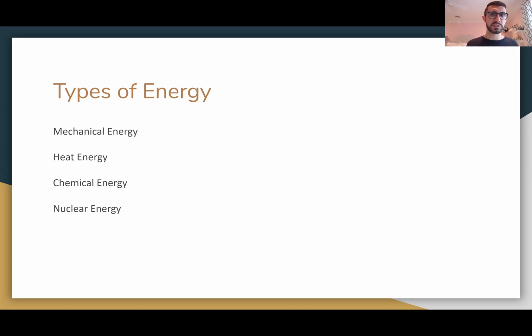And again, it's due to their positions relative to one another. So energy is really defined by an object's motion and or its position relative to something else.